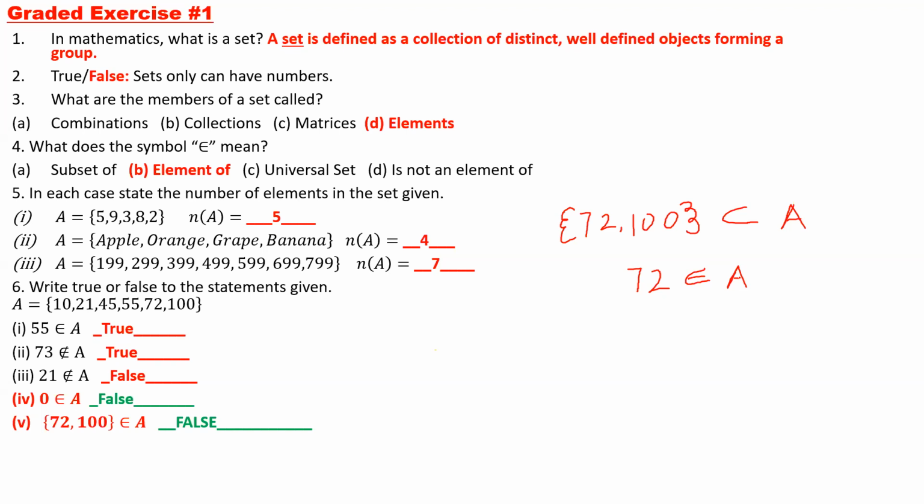You see what I'm saying? But that's not true, right? This set is not within A. What is true is that 72 is in A and 100 is in A, but the two together are not in A, okay? So we cannot use that notation, all right?